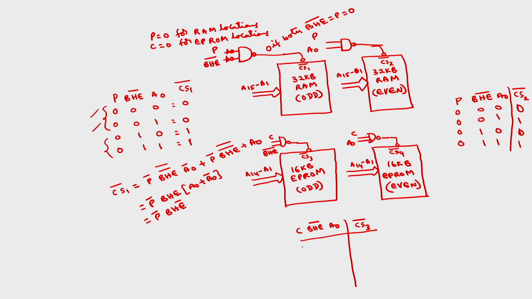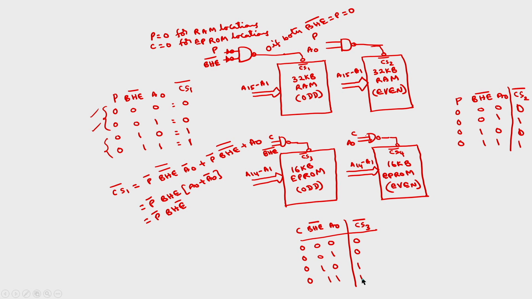C should be 0 for EPROM. If this is 0 0, it means both the banks have to be selected, chip select should be 0 so that it will be selected. 0 1 means the high bank, which is odd, has to be selected. 1 0 means this is only the even bank, so the odd bank should not be selected. 1 1 means no bank will be selected.